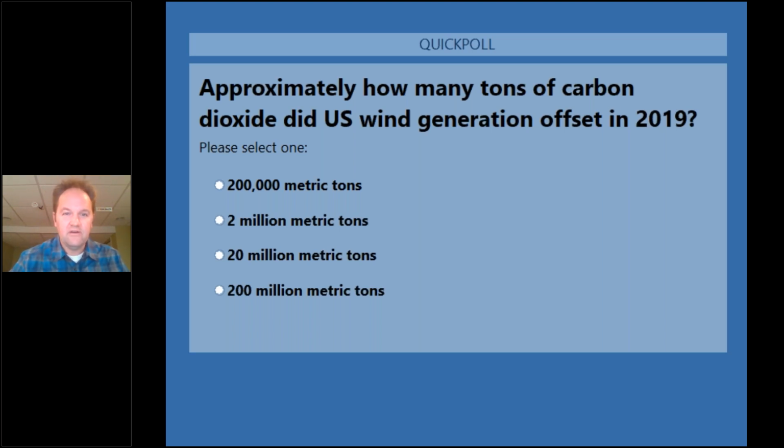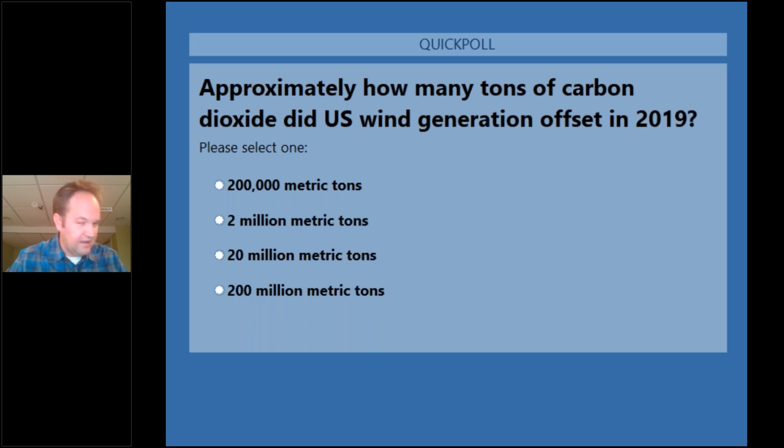All right, my polling question here is how many tons of carbon dioxide were offset by wind energy in 2019? It looks like the top answer at the moment is C, 20 million metric tons, and 50% of respondents chose that answer. Oh, well, looks like I've stumped you.